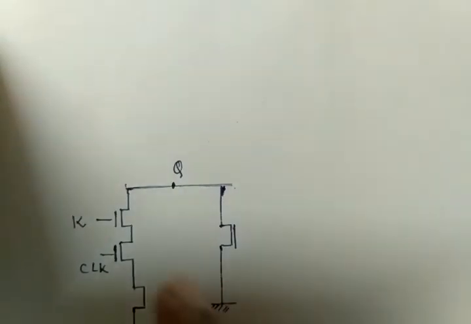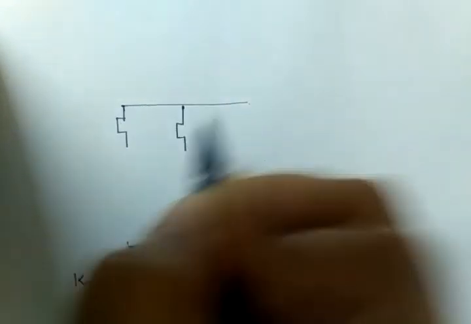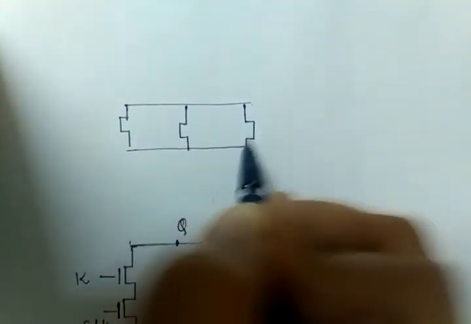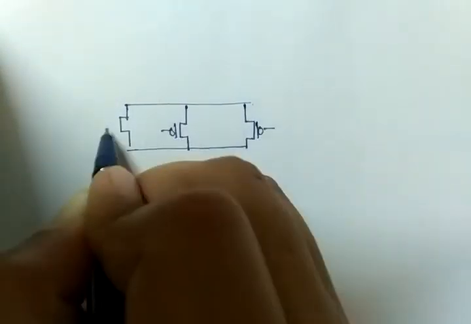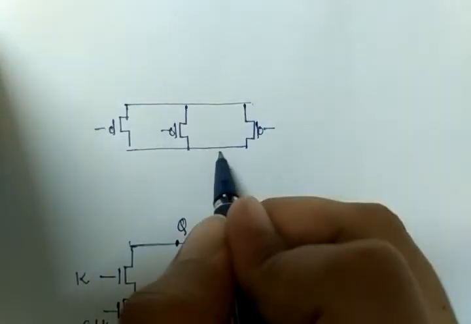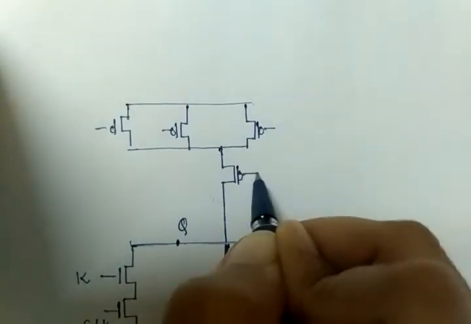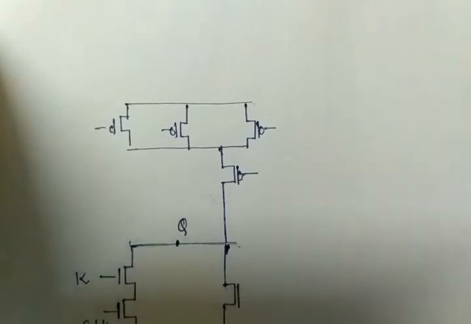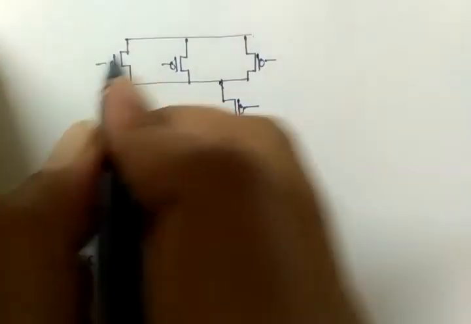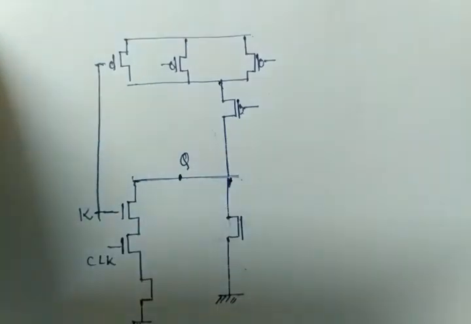The same thing will be drawn for the pull up network also. One branch has 3 PMOS and the other branch has 1 PMOS. It is done this way: this is 1, this is 2, and this is 3. Now, please do the connection. This K is given to 1 NMOS, so it will be connected to 1 PMOS also.